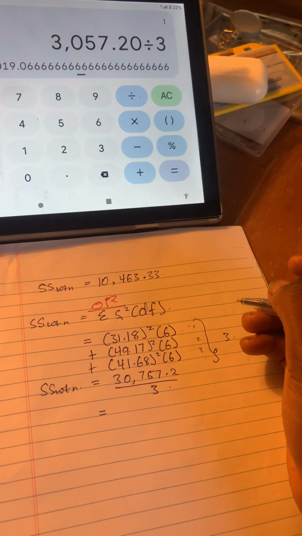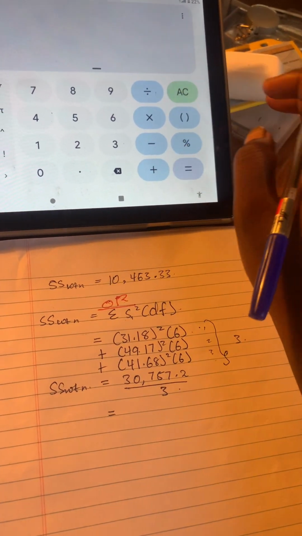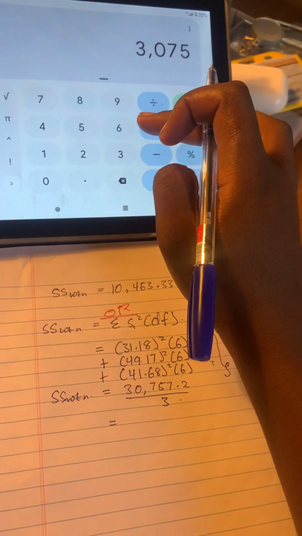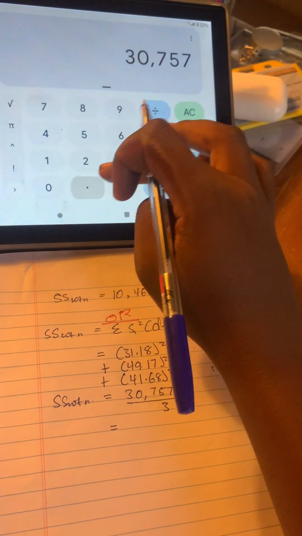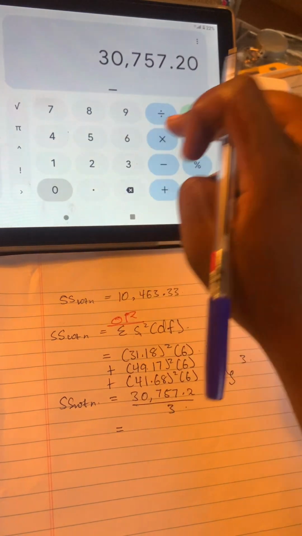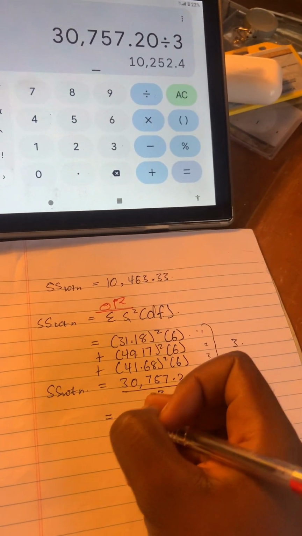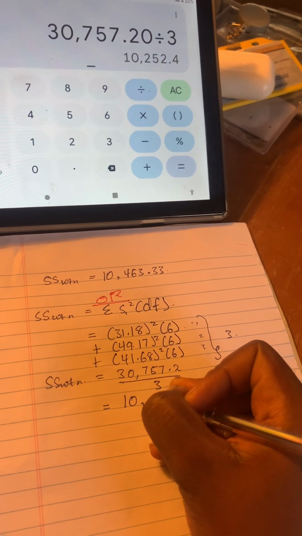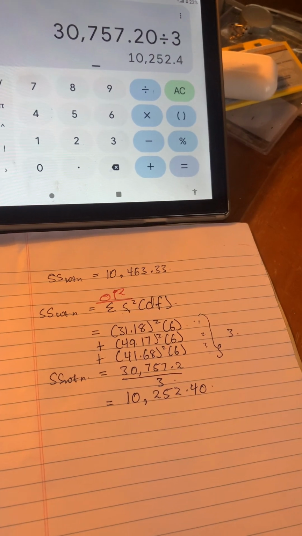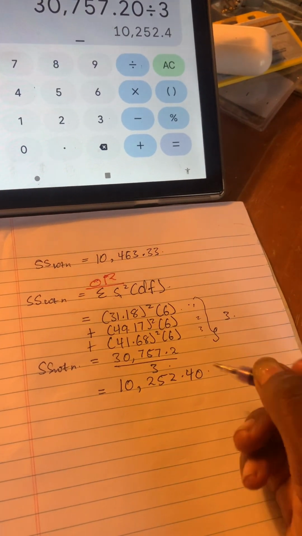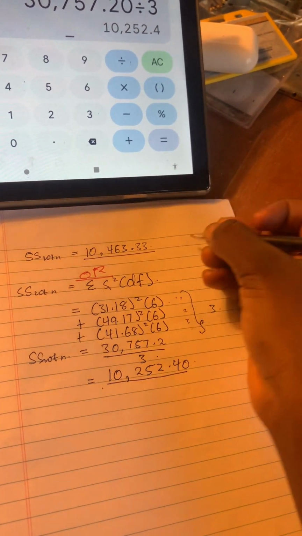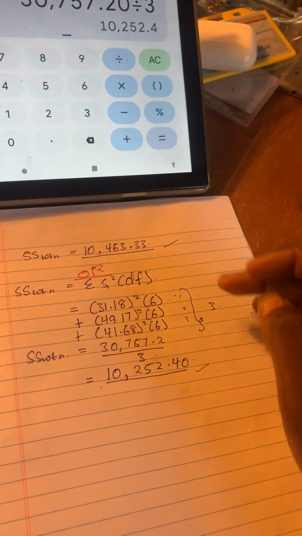So that's what you see being done there. 30,757.20 divided by 3 will give us 10,252.40. You might not get the exact value, but they are close. They are within close range, because we are dealing with means and variances.